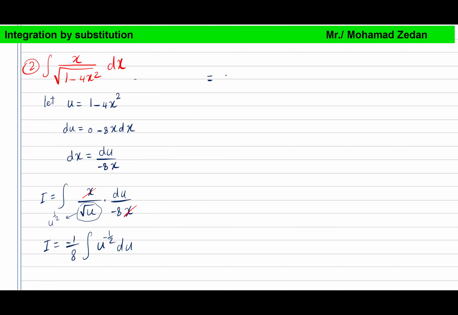So the answer is negative 1 over 8. If you integrate u power negative half, it will be u power half divided by half plus c. So the final answer is times 2 here and times 2 here, so get rid of the 2. So I have negative 1 over 4 u power half plus c.